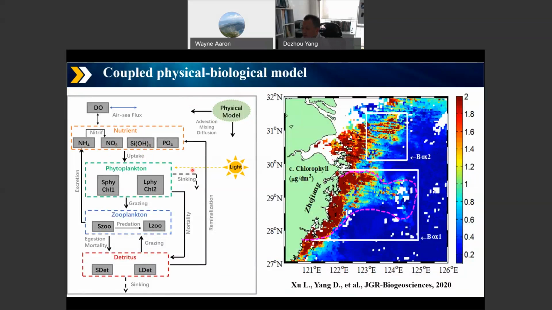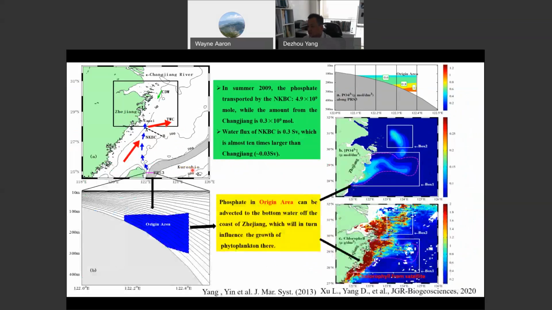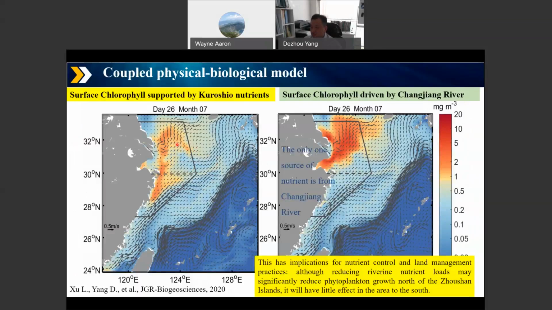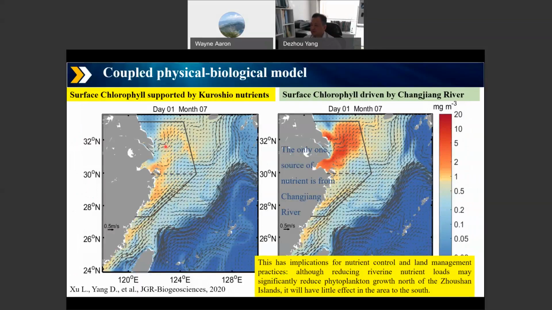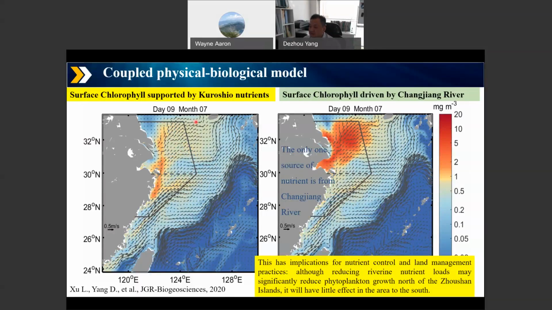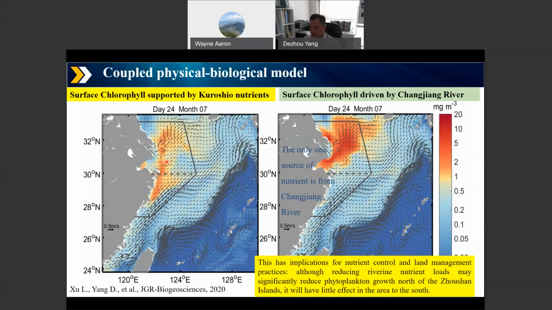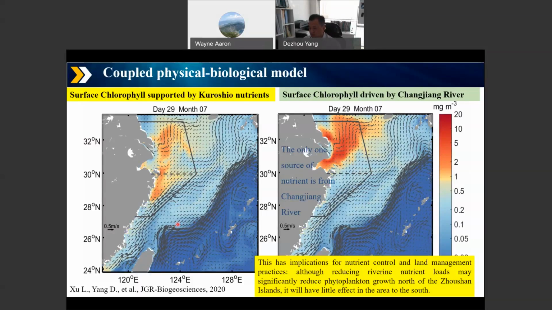This is the modeled surface chlorophyll. And in this experiment, the only nutrient source is coming from the Kuroshio.